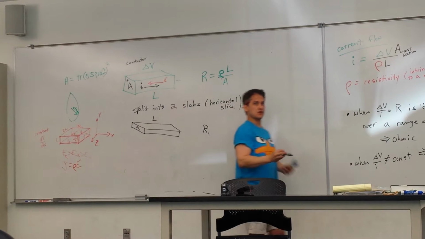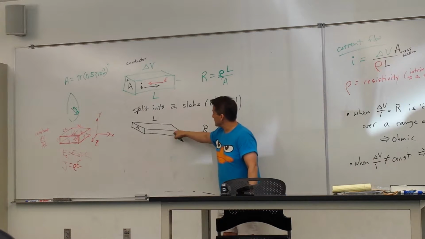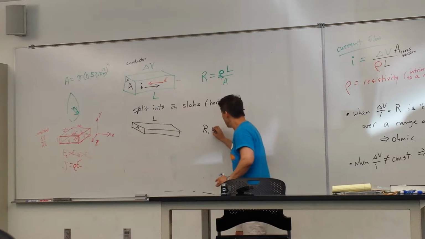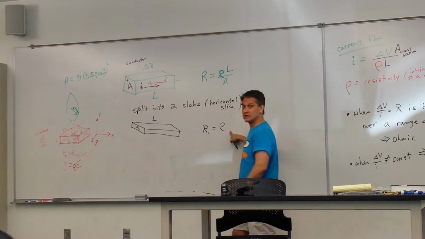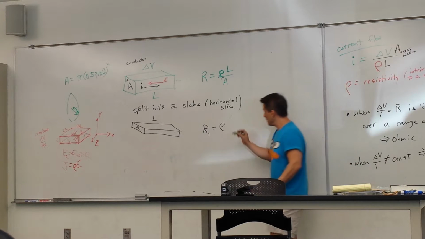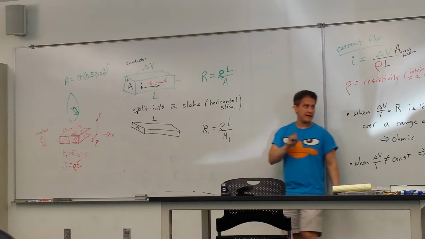What would the resistance be for this thing? Symbolically. Well, if it's exactly half, it would be double. But regardless, it should be related to the same resistivity, which does not change with dimension, only material, times the length, and inversely related now to A1.